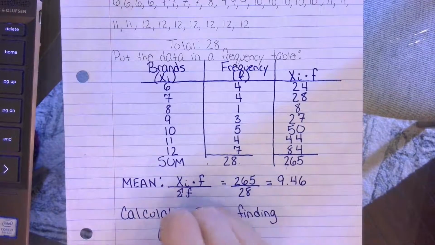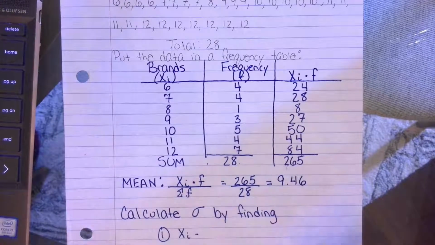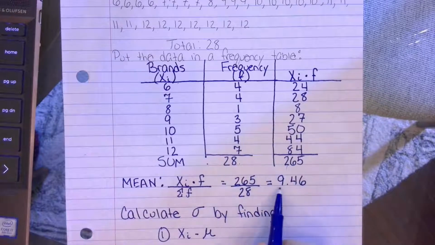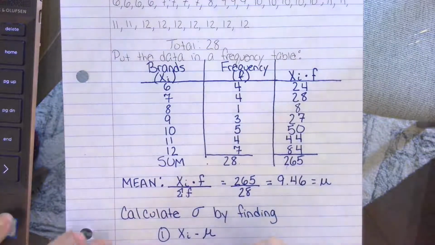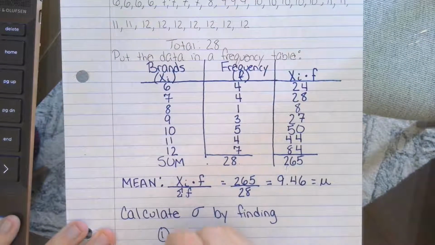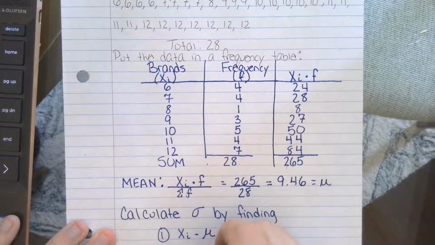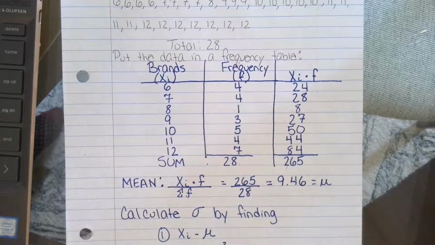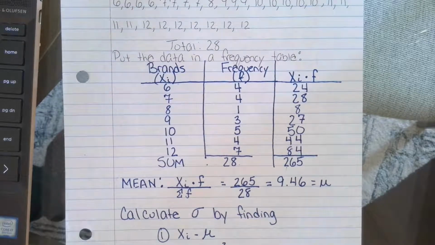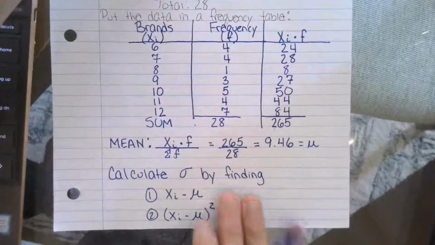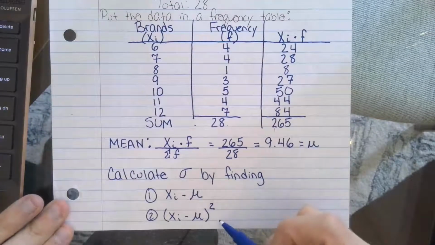So one is going to be x i minus our mean, and then I'm going to want to find this value. Okay? So to do that, what we're going to do is continue with this part in the next video.